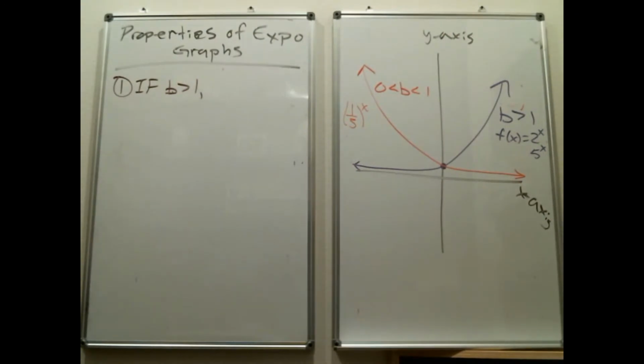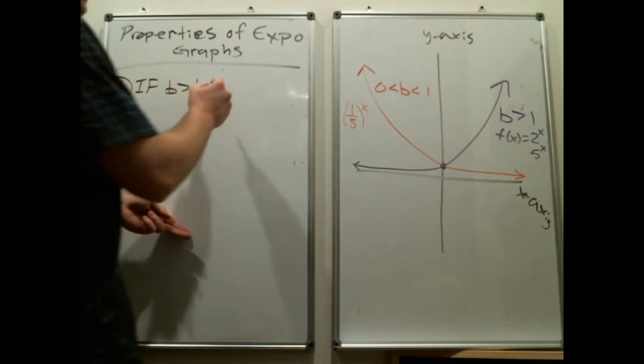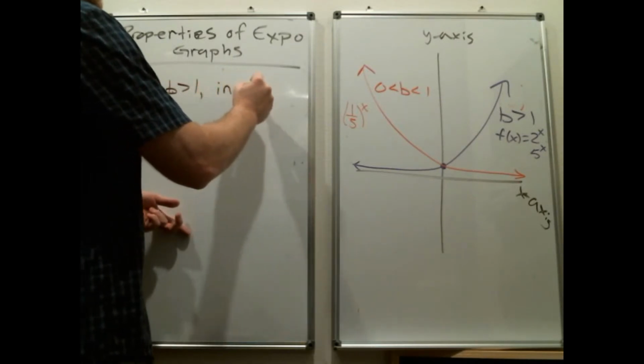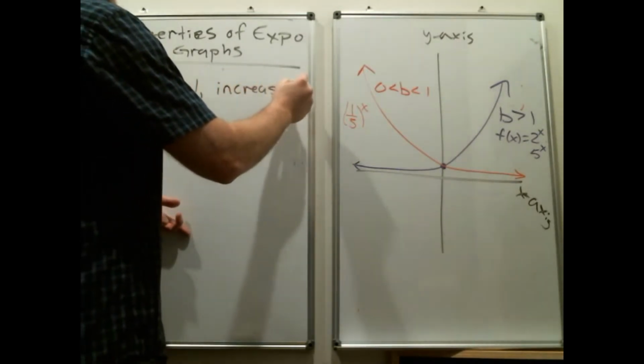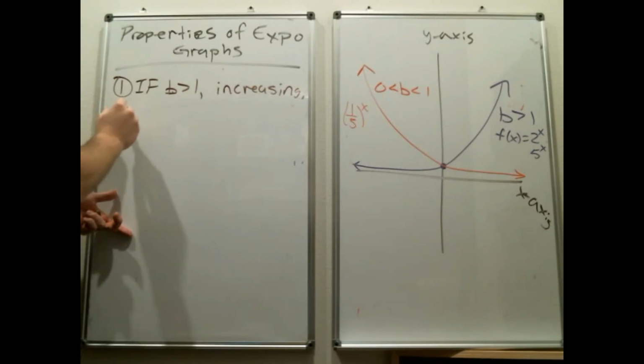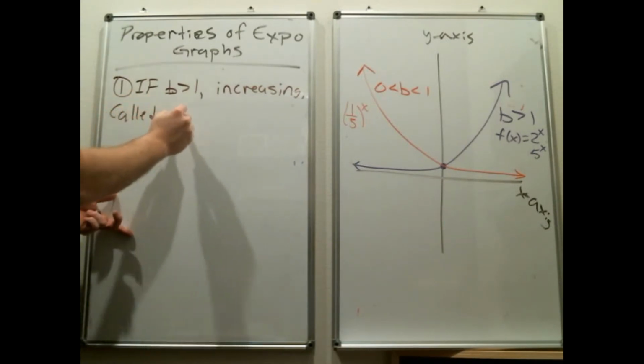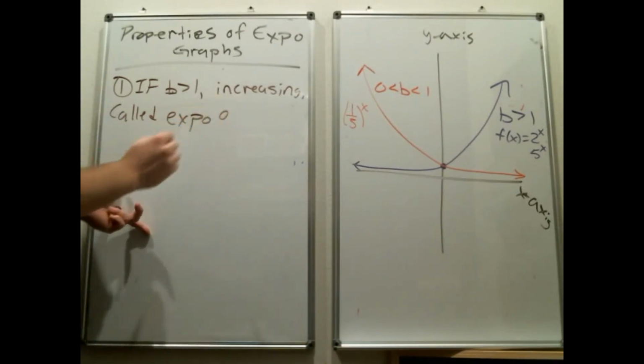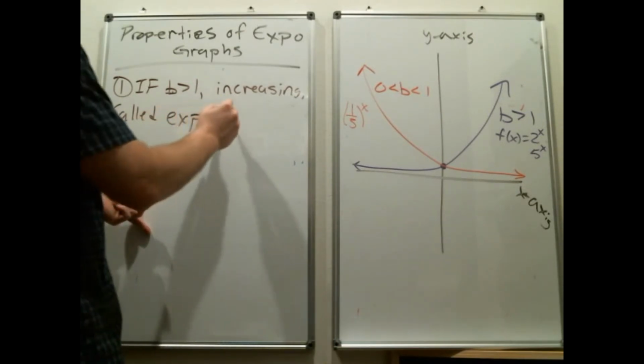So if your base is greater than 1, you have an increasing function, and that's sometimes called an exponential growth function. So if b is greater than 1, it's increasing, called exponential growth function.